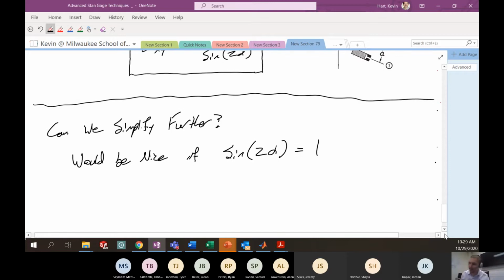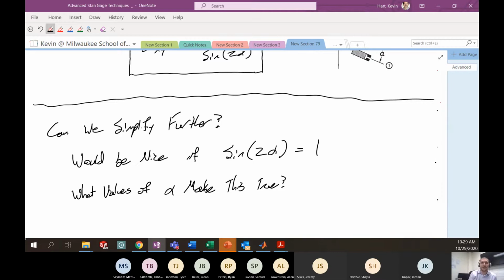So what values of alpha make this true? Well, when is the sine of an angle equal to 1? It's equal to 1 if 2 alpha is equal to 90 degrees.